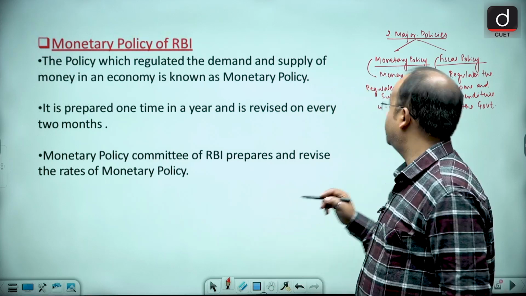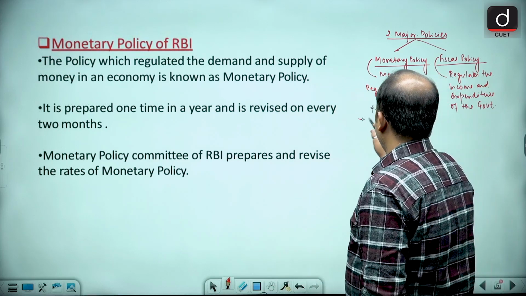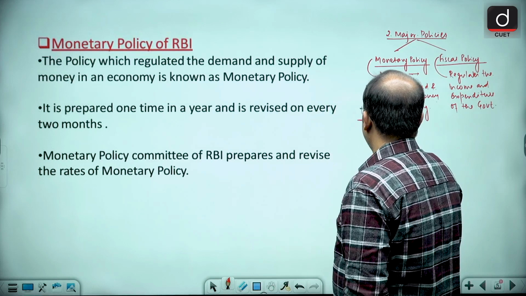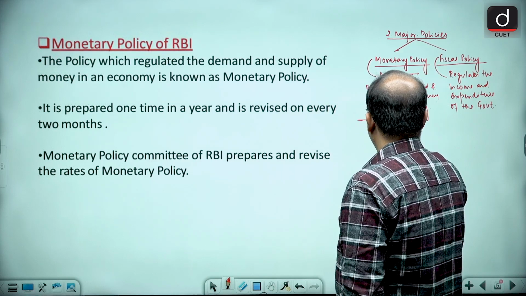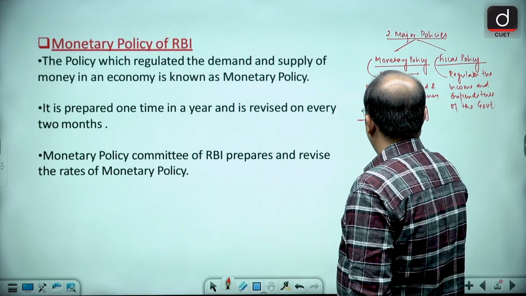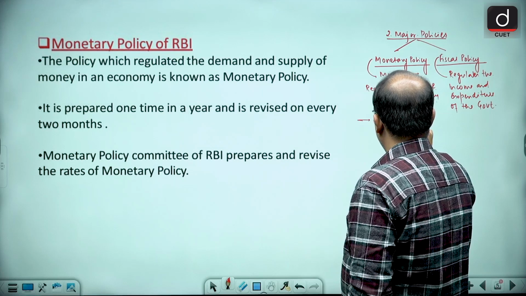Monetary policy is always formed by the central bank.